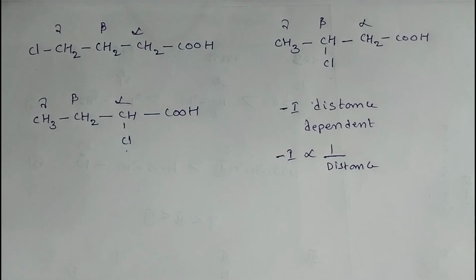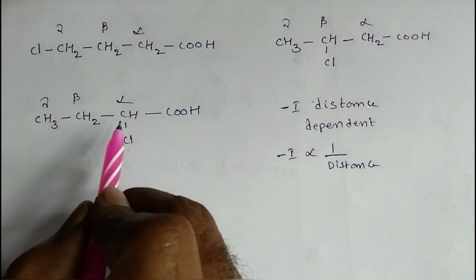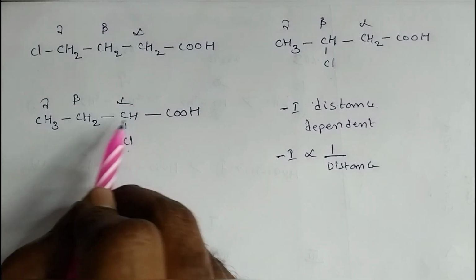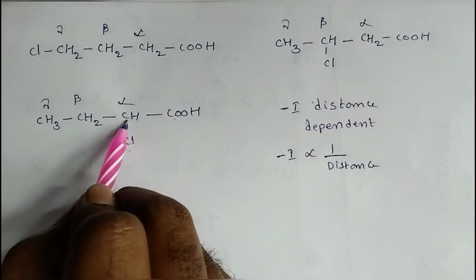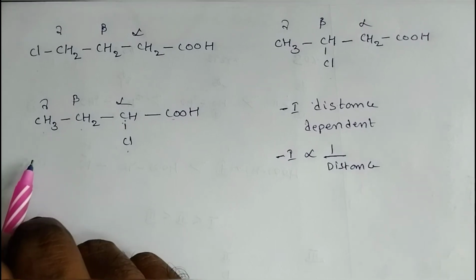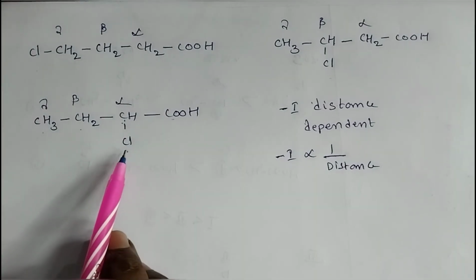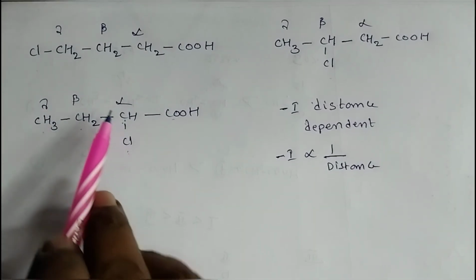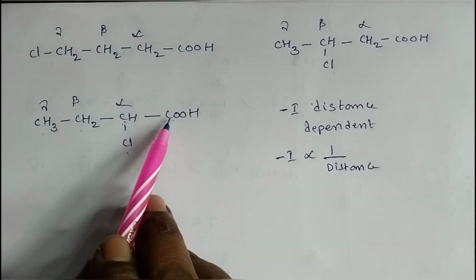Now which one has more minus I effect here? So here this is the alpha carbon. The carbon next to the functional group is known as alpha carbon, then beta carbon, gamma carbon. In this example, chlorine is located at the alpha carbon atom, which is nearer to the COOH group.